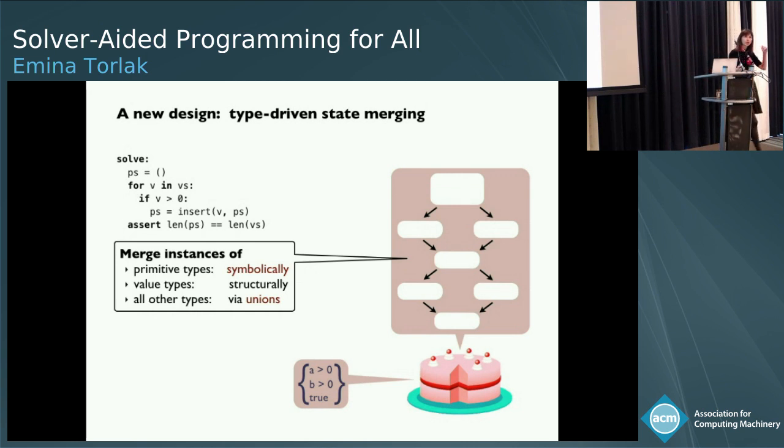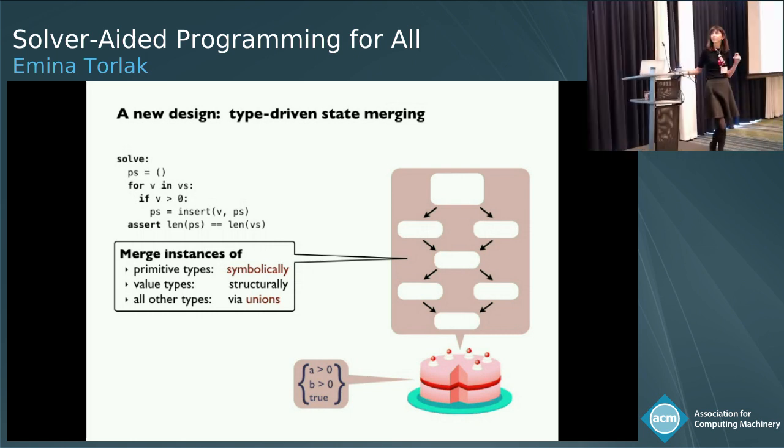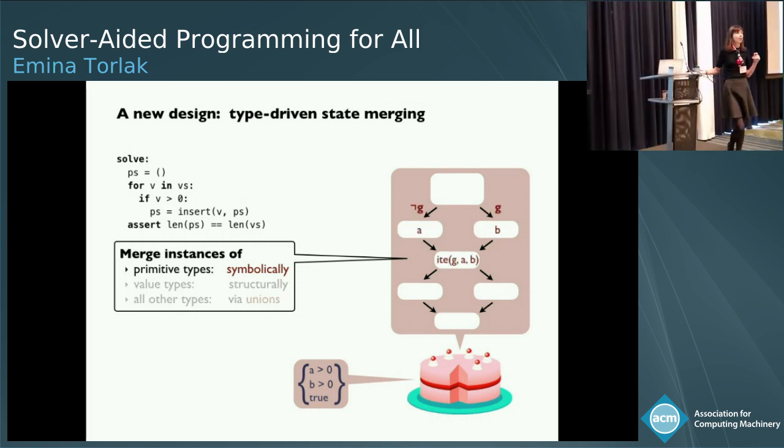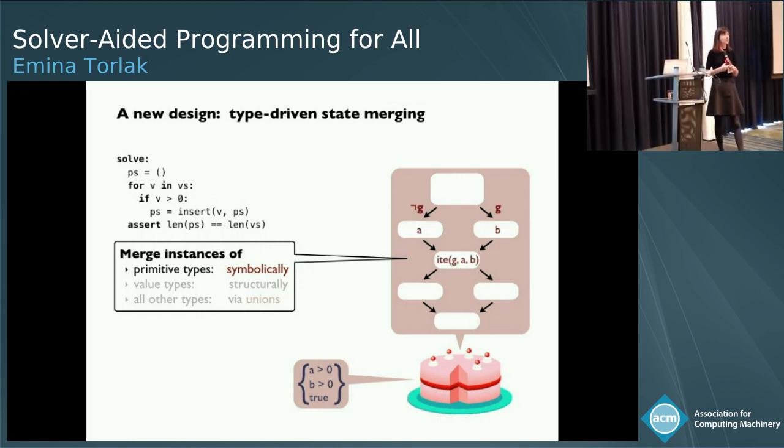We're going to merge values in a given state depending on their type. So if we have two values of the same primitive type, let's say two integers, flowing down from the two branches, we merge them in the same way that bounded model checking does. Okay? We just generate a term in the underlying logic. So that part is easy. It's the same as before.